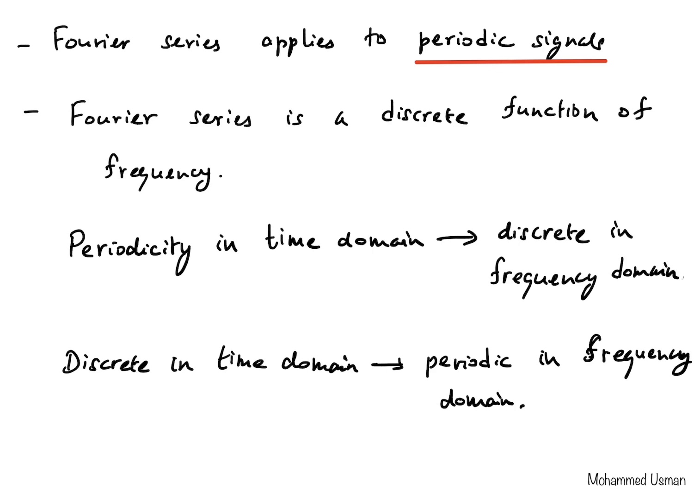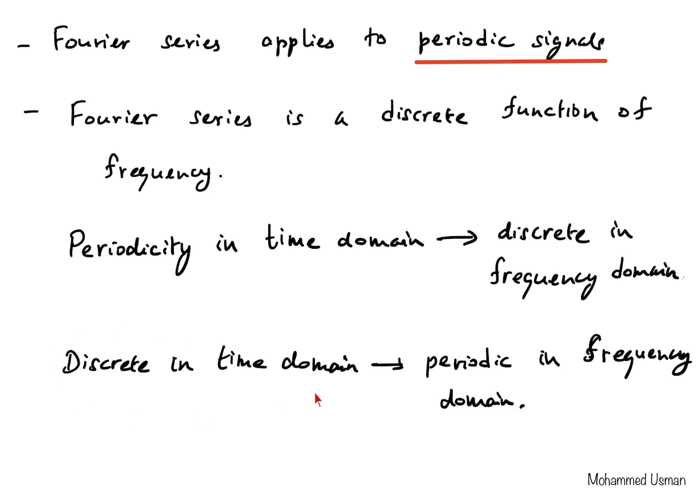For example, we have omega 0, and omega 1 is 2 times omega 0. Omega 2 is, say, 3 times omega 0 or 5 times omega 0. That means the frequency components have discrete values. It is not a continuous function of frequency. So when the signal is periodic in the time domain, then it is discrete in the frequency domain.